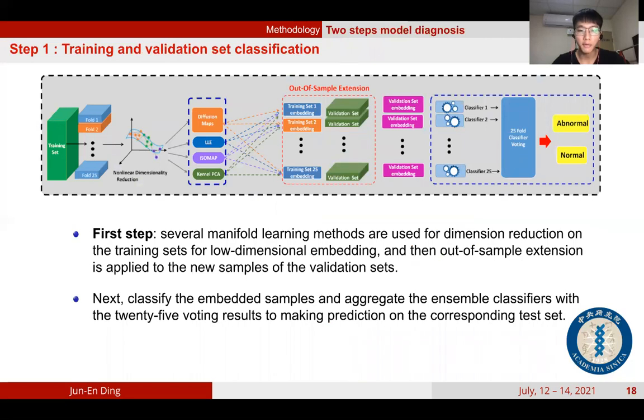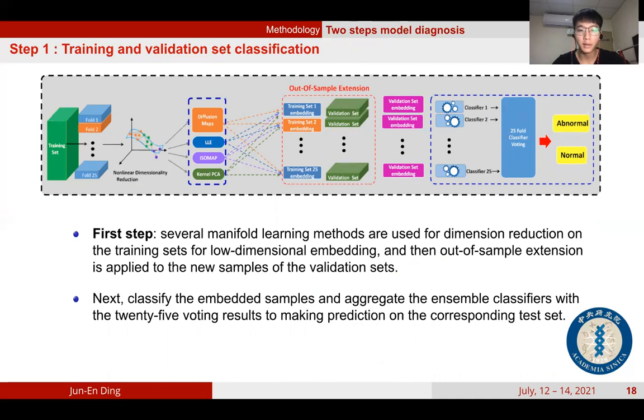For the cross-validation study, we split the total original data samples into normal and abnormal groups. In the first step, several manifold learning methods are used for dimension reduction on the training sets for low-dimensional embedding, and then our sample extension is applied to the new samples of the validation set.